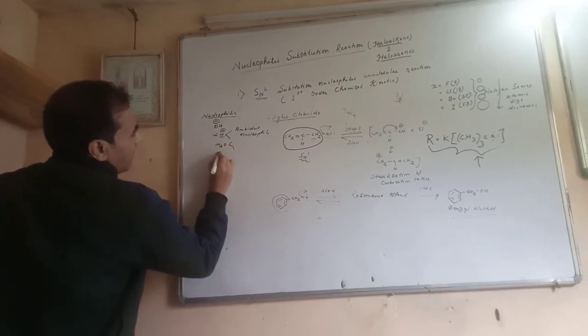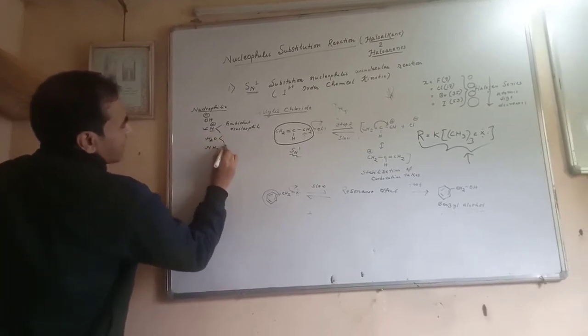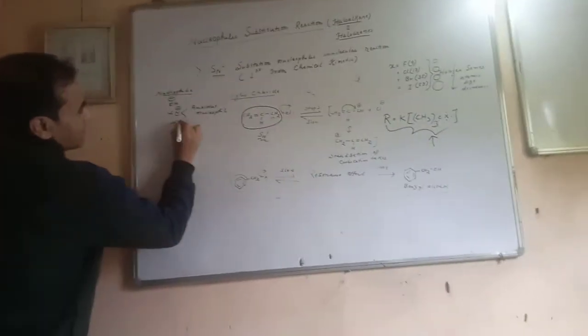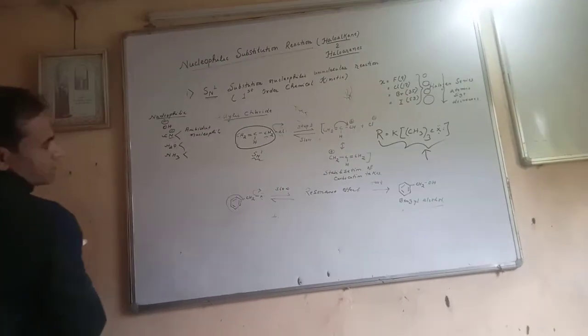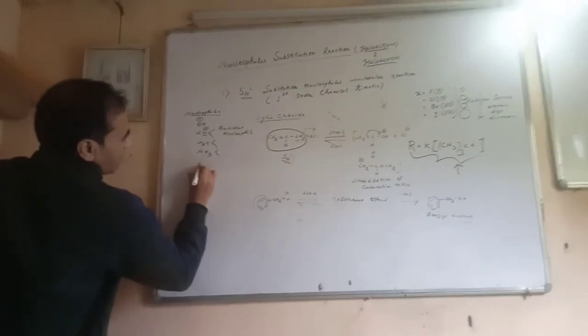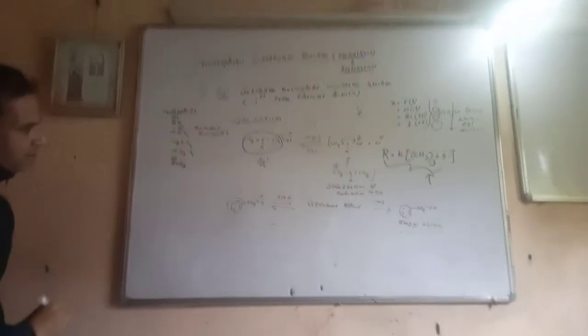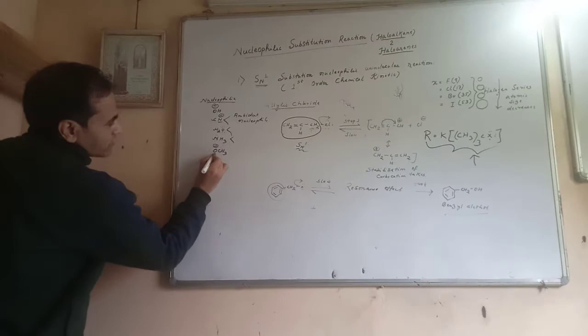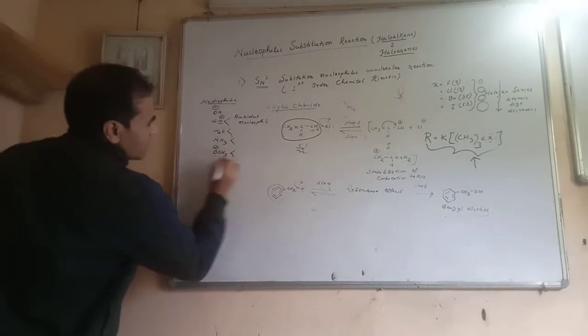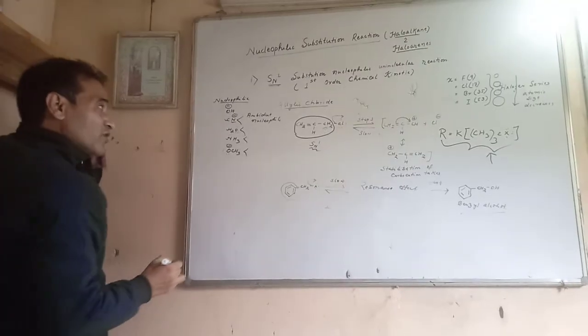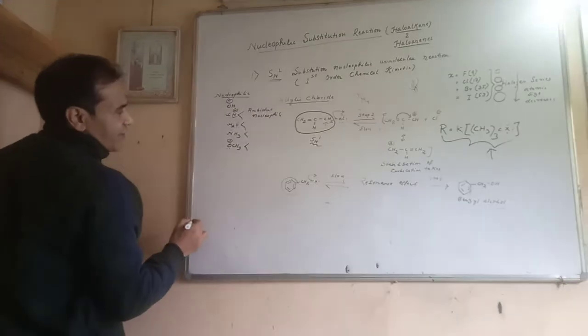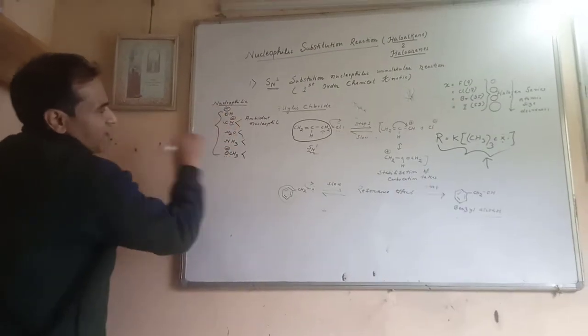Then ammonia can also act as a nucleophile, because there is a lone pair, and there are two lone pairs in the case of water. So that also acts. Now methoxide can also act. It is also carrying non-bonding electrons. So likewise there are many nucleophiles, and these are the basic nucleophiles.